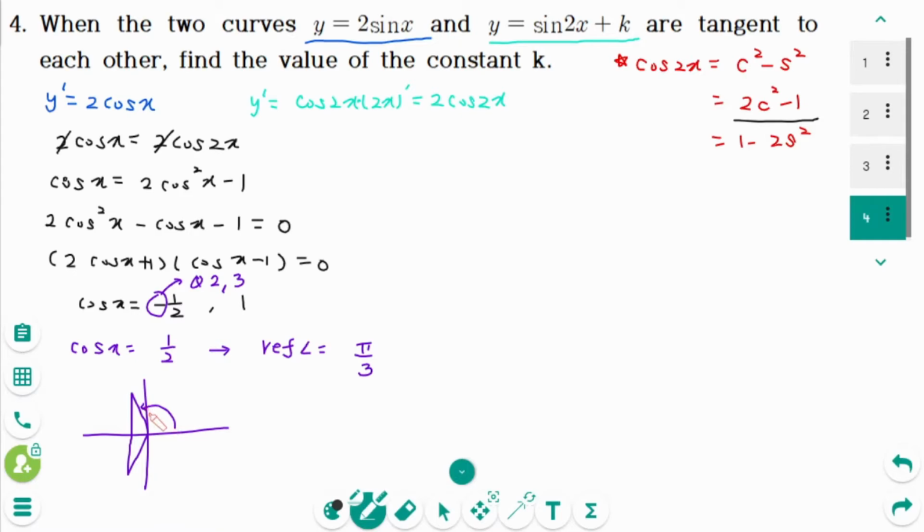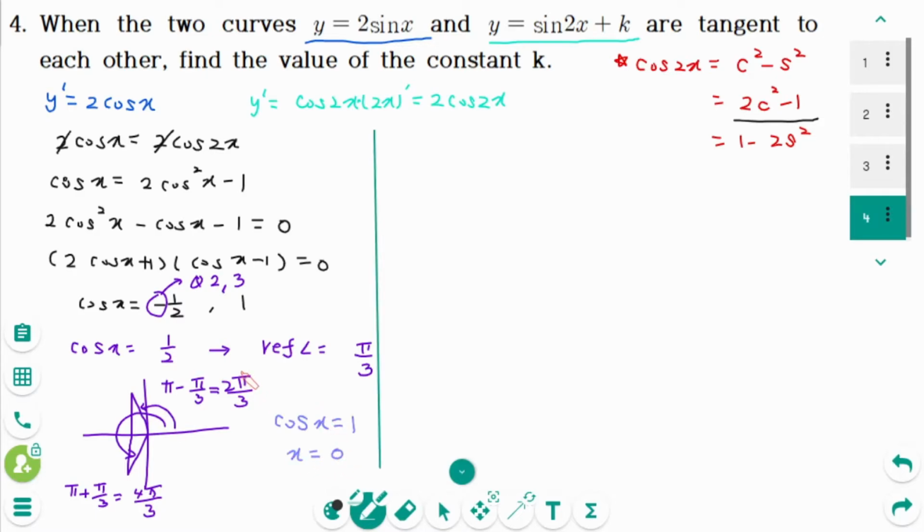And then this one is pi minus pi over 3, which is 2 pi over 3. And then this one is pi plus pi over 3, which is 4 pi over 3. And cosine x equals 1 when x equals 0.